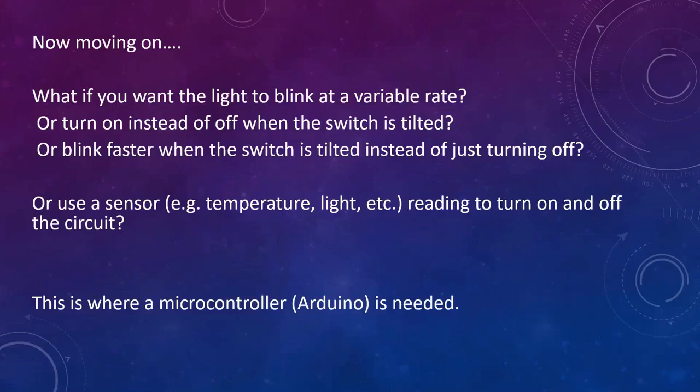Things like that, right? Or maybe you want to use a sensor, and depending on the sensor reading, like the temperature in the room, turn on a circuit. This kind of thing isn't so easy to do with just a battery and a breadboard. You kind of need a computer sitting there making some if-then statements, and that is what a microcontroller like an Arduino is for.